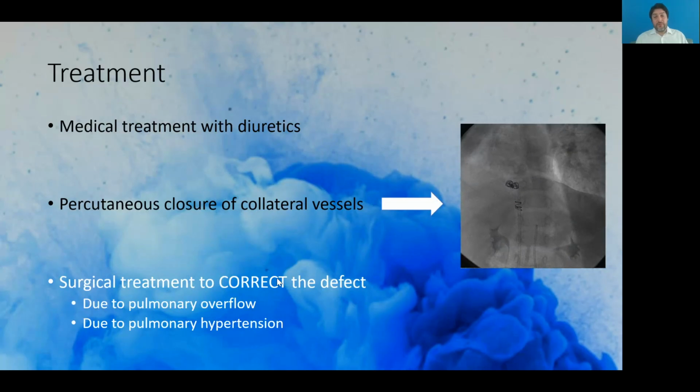If the patient is symptomatic, usually these patients improve a lot by closing these vessels. But then you have to go to correct the defect surgically. There has been a lot of debate, and I will tell you why.